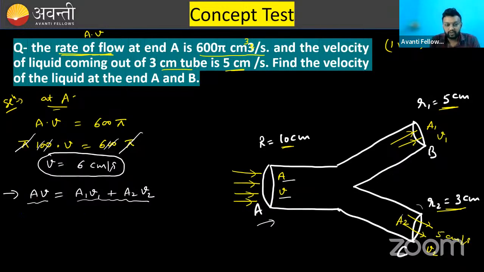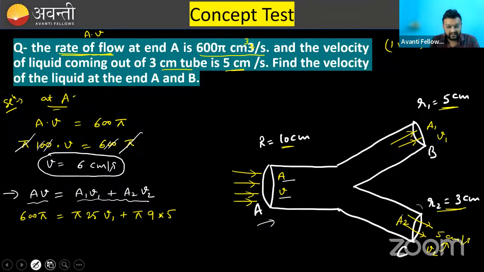So I will place the values here. AV, rate of incoming fluid, is nothing but 600 pi, is equal to A1. Area of this portion is pi r square. Pi r square, that is pi, radius is 5, so square will be 25, V1, plus area of 2. A2 is nothing but pi r2 square. Pi r2 square is pi times 3 square, that means 9, into V2. V2 is given as 5 centimeter per second. So I think you can see that pi will get cancelled out.